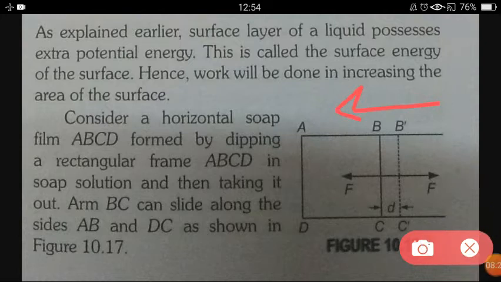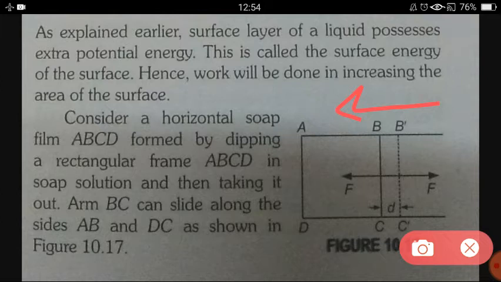And why did this happen? So that the area can be decreased. See, when we put this U-shaped ring in a soap solution, that liquid will form one surface on the ring.